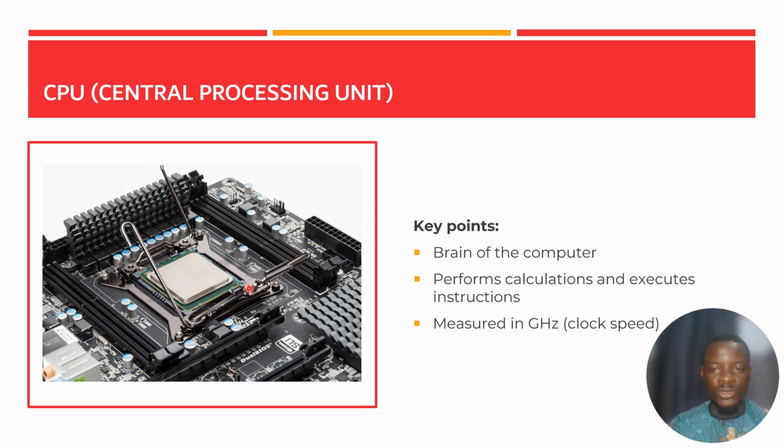And something to take home today: when you're purchasing a computer, the CPU can hardly be upgraded. So it's something you need to look out for. With some of the other components, you can upgrade by buying another one to replace it, but the CPU is never done that way.